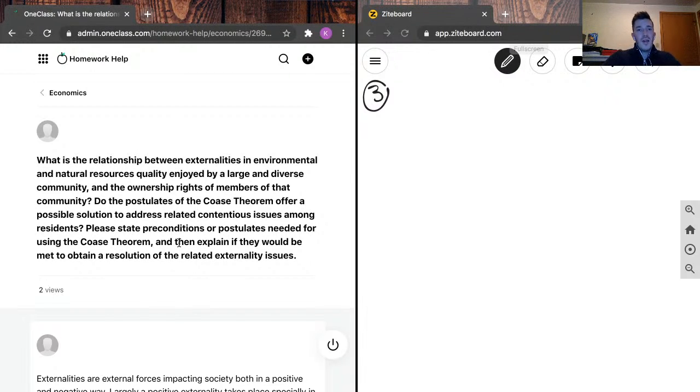What is the relationship between externalities in environmental and natural resources, quality enjoyed by a large and diverse community, and the ownership rights of members of that community? Do the postulates of the Coase theorem offer a possible solution to address related contentious issues among residents? Please state preconditions or postulates needed for using the Coase theorem, then explain if they would be met to obtain a resolution of related externality issues.